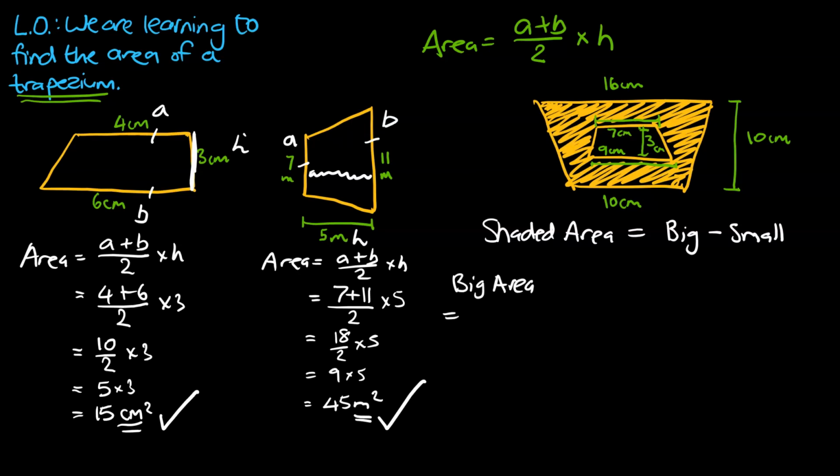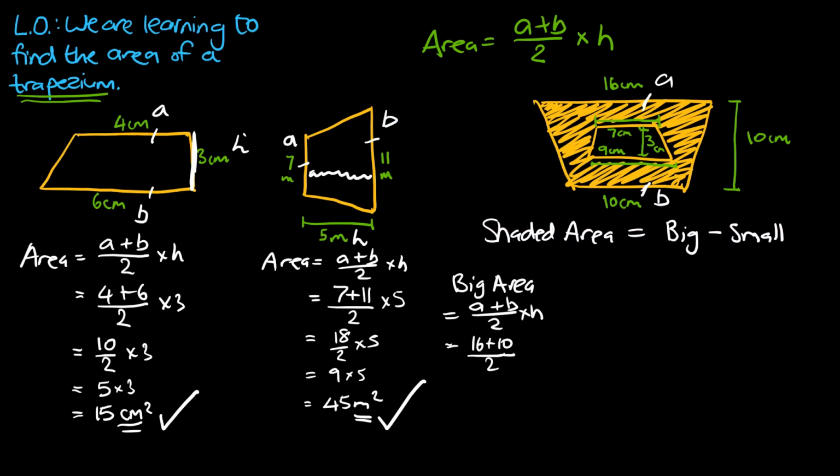So the big area is going to have the same formula. It's going to be A plus B divided by 2 times height. So let's have a look at the big shape. We can see it looks like the parallel lines are top and bottom. So that would be A and B. That means it's going to be 16 plus 10 divided by 2.